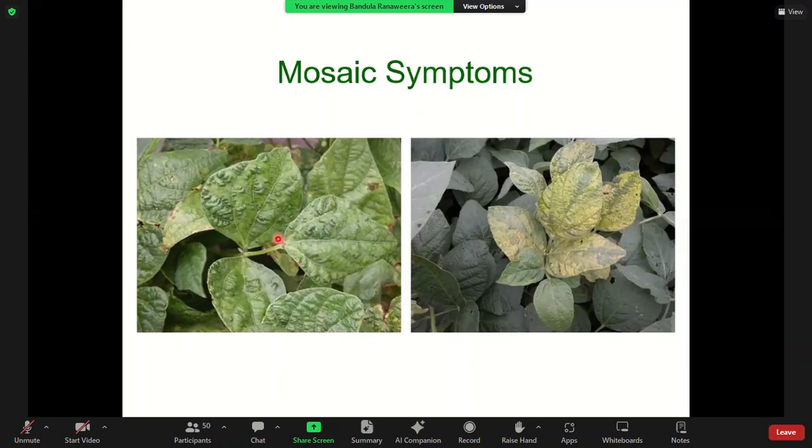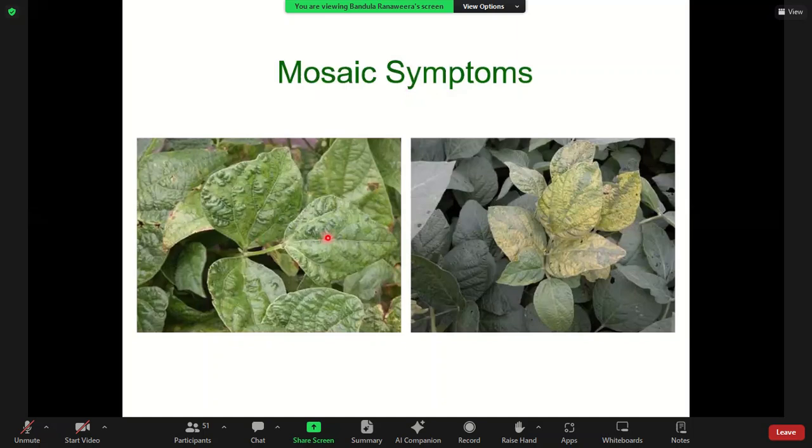Because of that, some areas will have dark green color, other areas light green color. That type of variation of green color is named the mosaic symptom. So, a mosaic symptom like this.